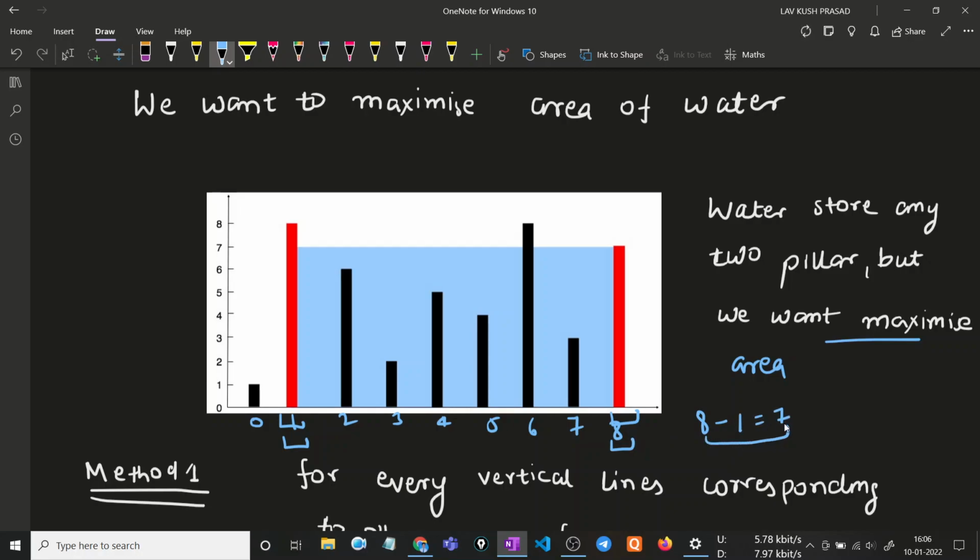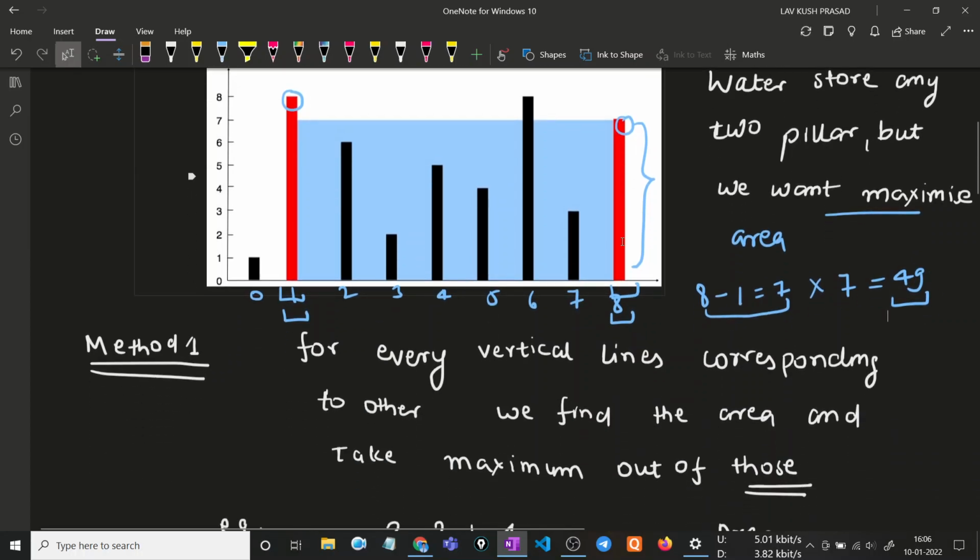Okay, and we can choose the minimum out of those verticals. Why can we choose the minimum? Because the maximum height with which we can store the water is the minimum of both. Got it? So here the minimum is 7, right? So we multiply 7 into 7, which gives 49, right?